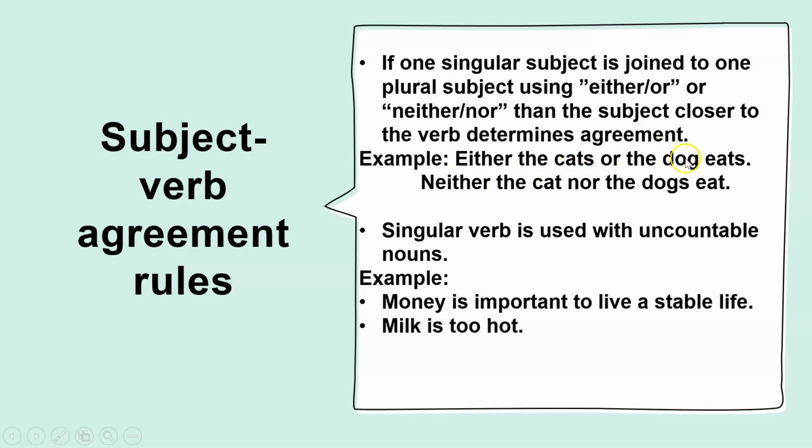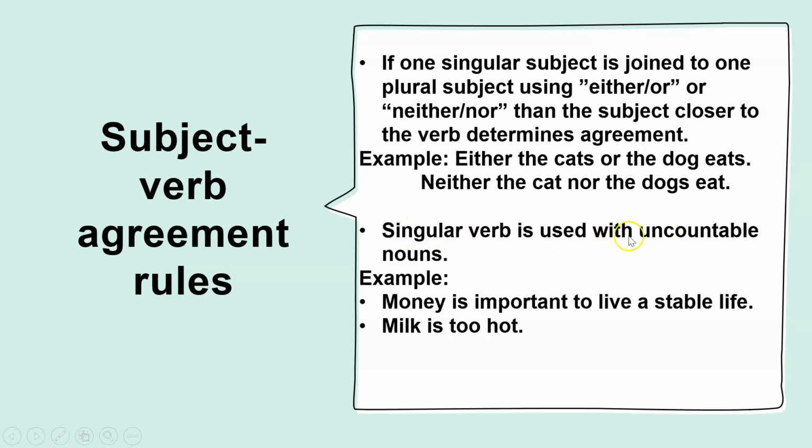Either the cats or the dog eats. Now here the dog is near to the verb and it's singular. That's why we have used a singular verb. Neither the cat nor the dogs eat. Now again the dogs here is taken as plural. So we do not use s or es here.